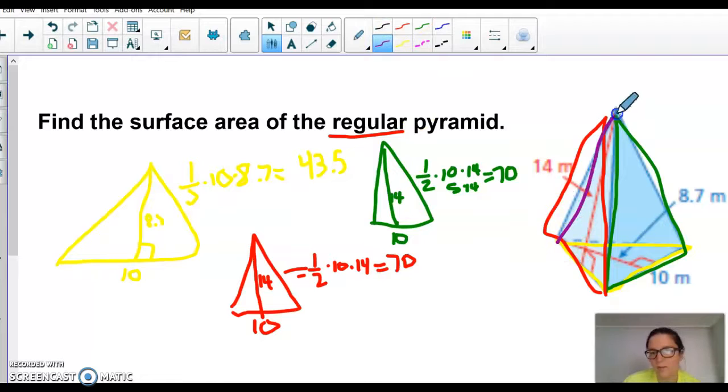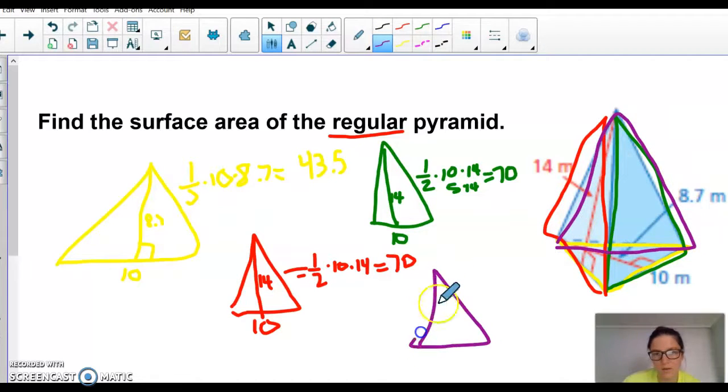And then the back side, your slant height is 14, and then your base is 10, which is 1/2 times 10 times 14. So that's 5 times 14, which equals 70.